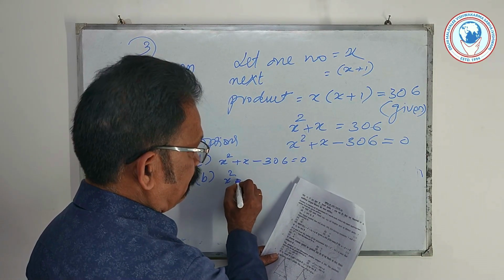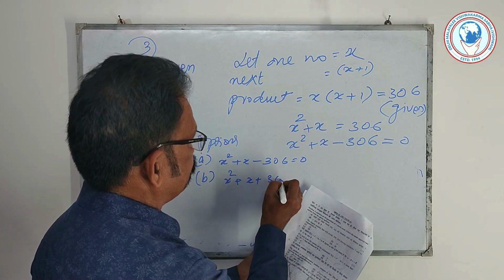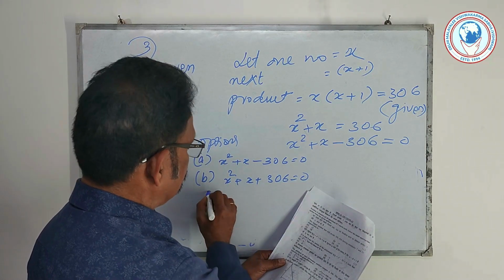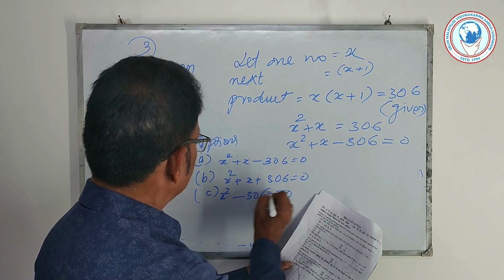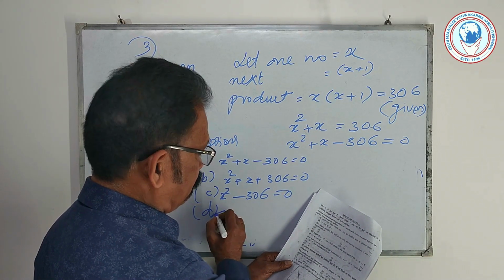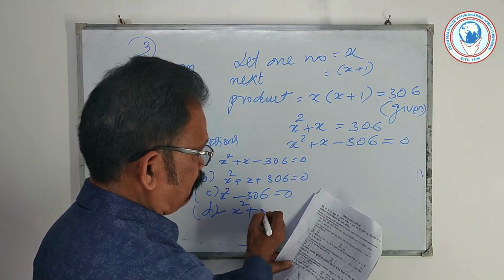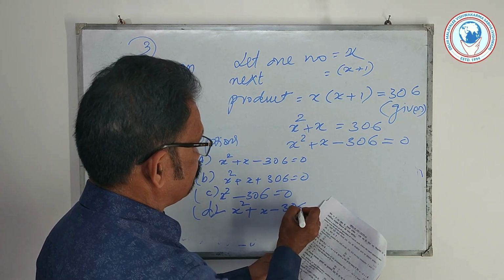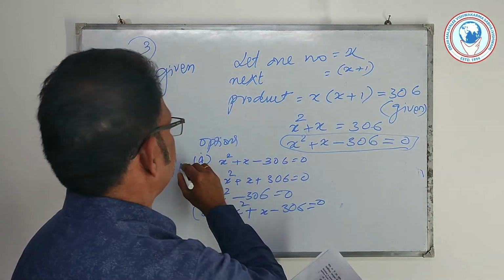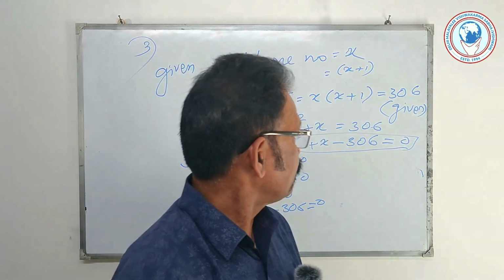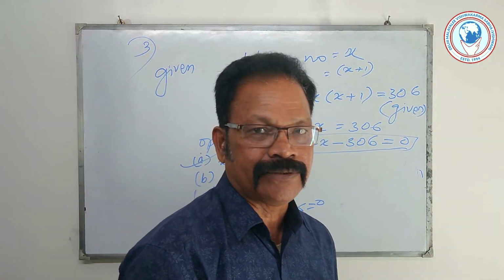B, x square plus x plus 306 equal to 0. C, x square minus 306 equal to 0. And D, minus x square plus x minus 306 equal to 0. So we got this one. Therefore our option is A, x square plus x minus 306 equal to 0.